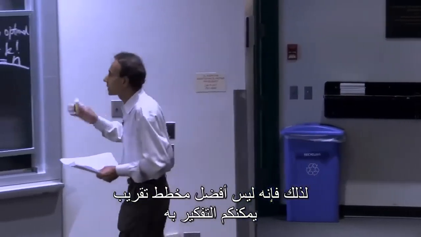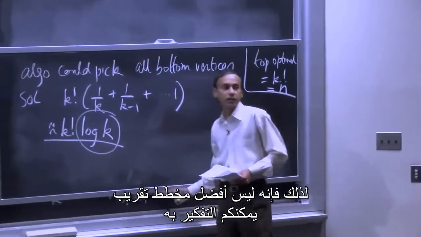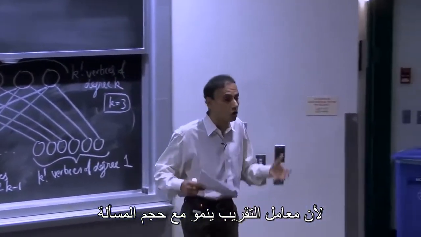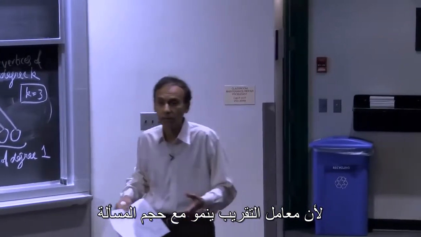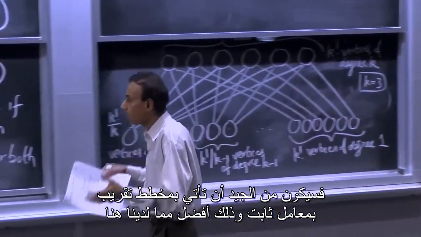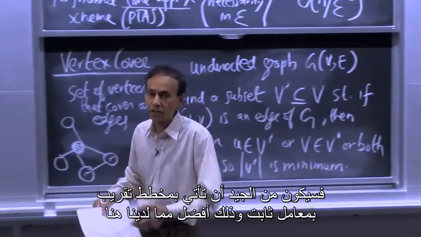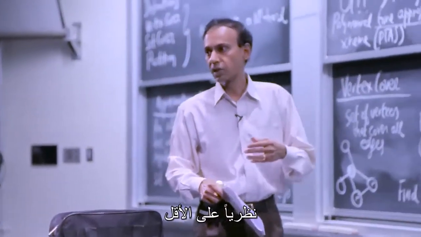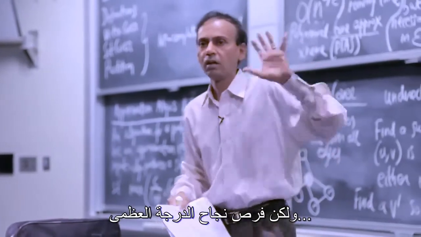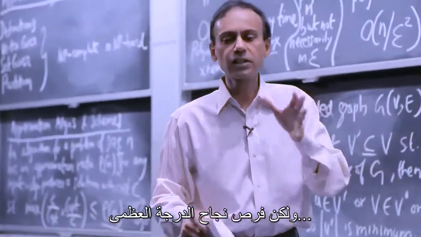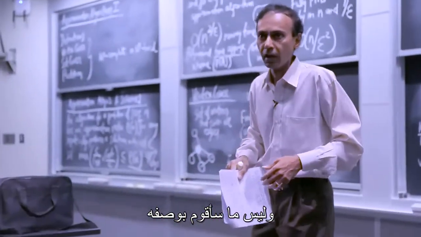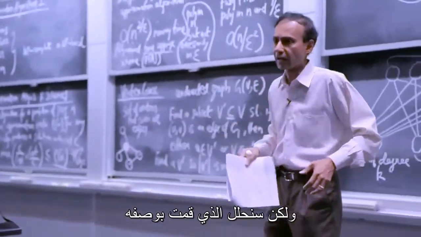So it's not the best approximation scheme you can think of, because the approximation factor grows with the size of your problem. It would be great if we could come up with a constant factor approximation scheme that would beat this one, certainly from a theoretical standpoint. But this one, maximum degree, chances are if you're a practitioner, this is what you'd code, not the one I'm going to describe. But we're going to analyze the one I've described.